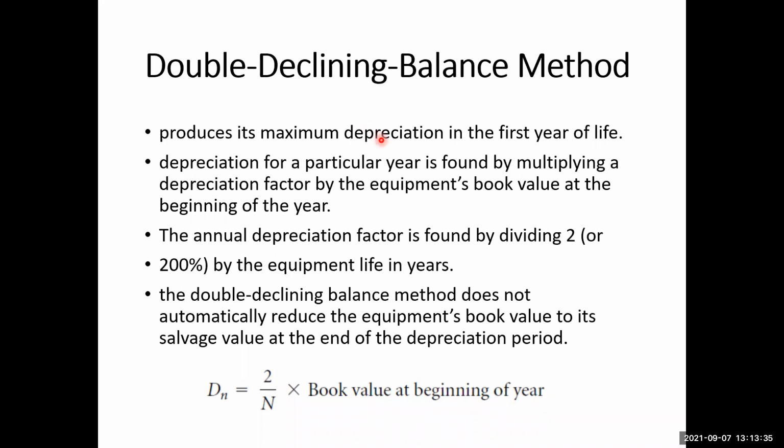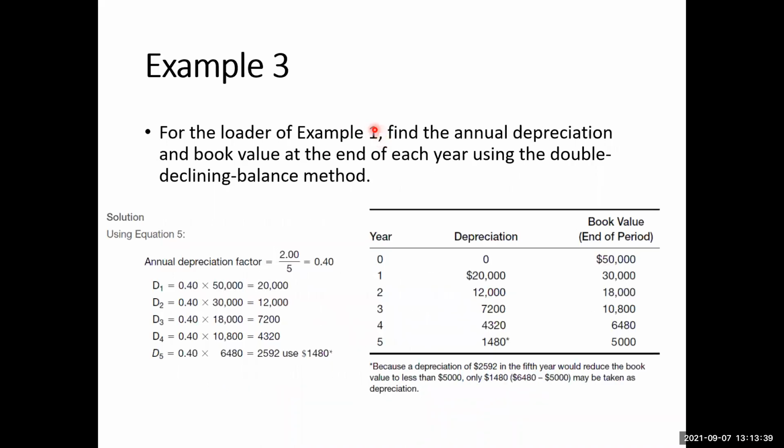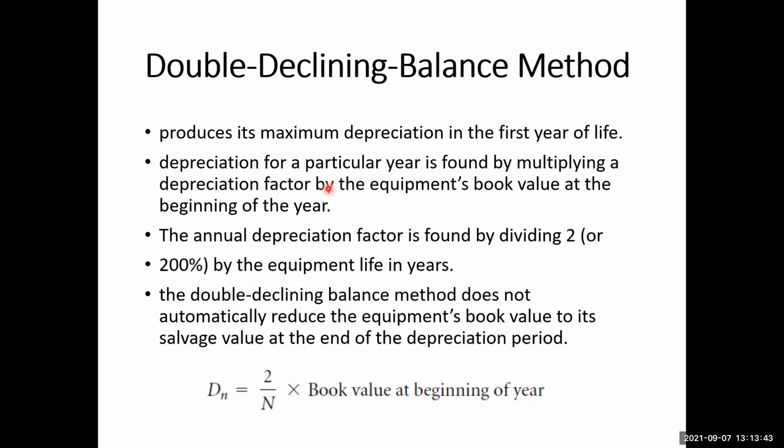But in the double declining balance method, let's see it with the help of the example. The main concept over here is we reduce the value of the asset by a fixed percentage each year, and it is based on the latest book value at that time.